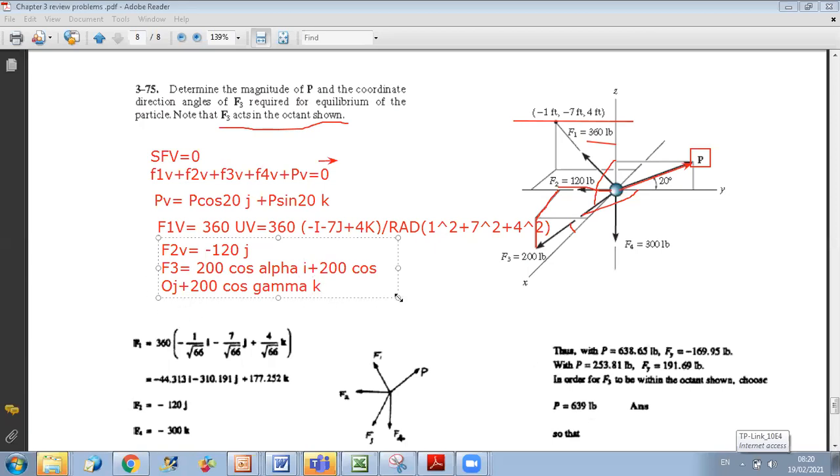And now the fourth relation that can close my system is the relation between alpha, theta, and gamma, which is cosine square alpha plus cosine square theta plus cosine square gamma equals 1.